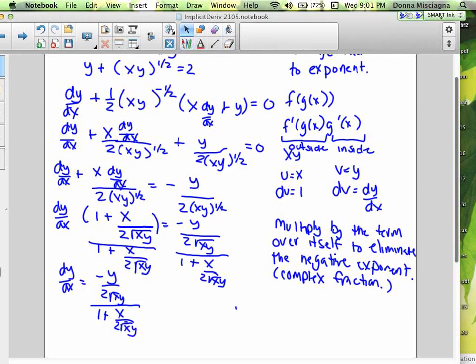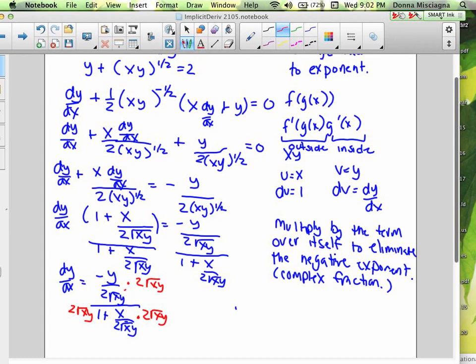All right, so you get a 2 square roots of xy on each term, and now it won't be a complex fraction anymore. So what looked like a mess in terms of simplifying, I think it's a little nicer if you write it as radicals, and you can see there's a 2 square roots of xy in the denominator on some of these terms.